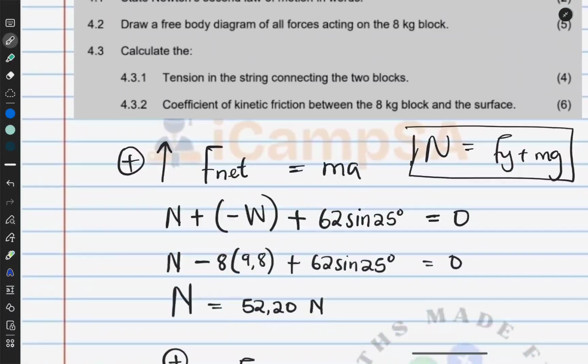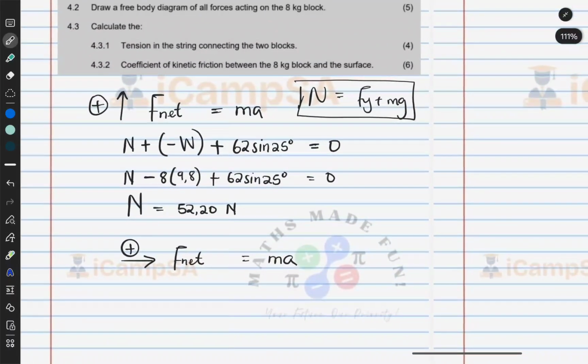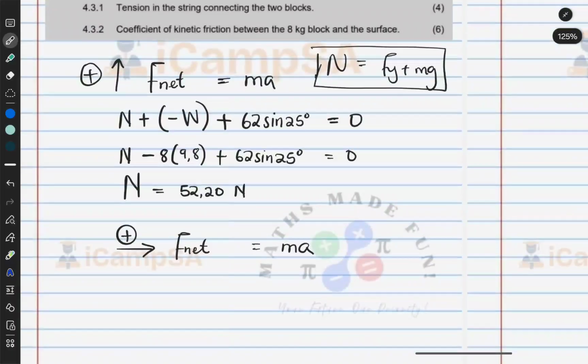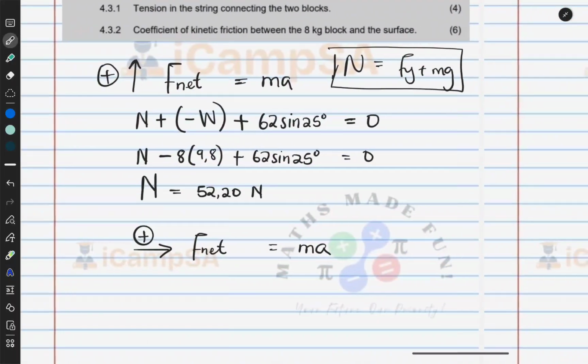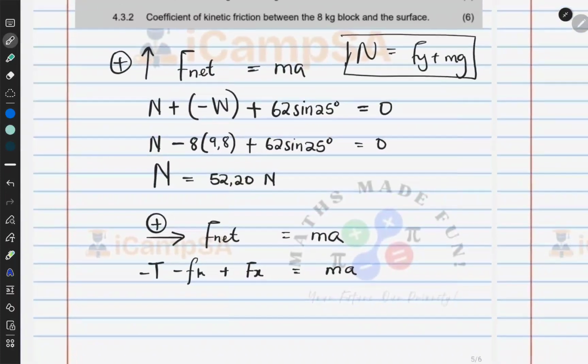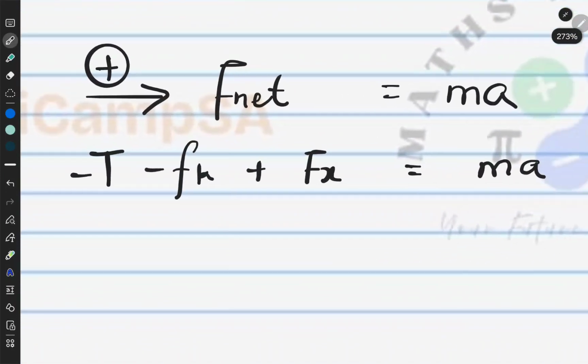Then now we can come back here and plug in. We'll have T, we already know T to be 8.1. Minus T minus Fk plus our Fx is equal to ma. Fx is the horizontal component of the 62 Newton force.